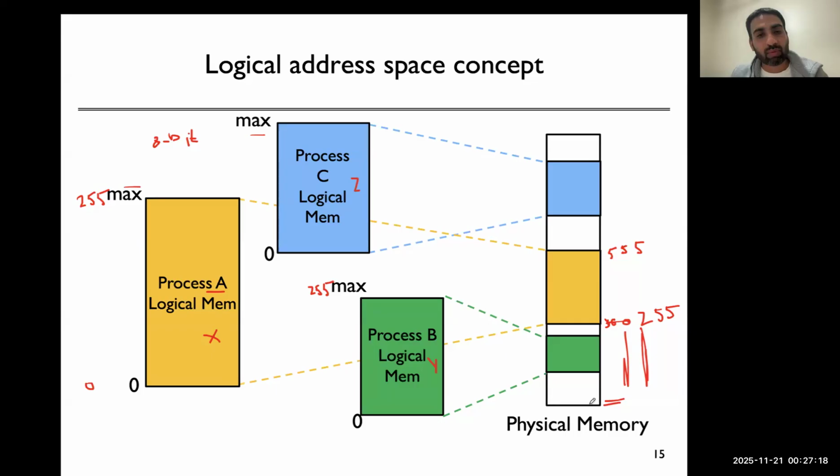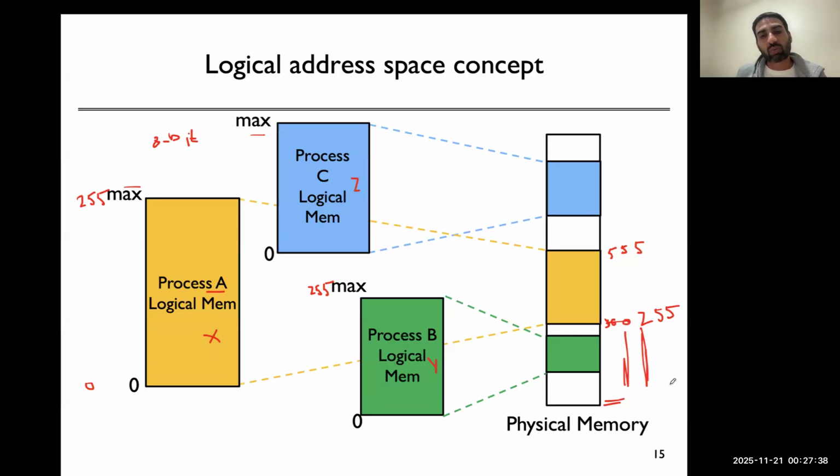If all those 0 to 255 are allocated to process A, how can process B put its data in the range 0 to 255, or how can process C put data in the range 0 to 255?